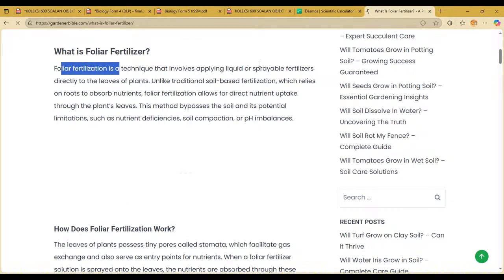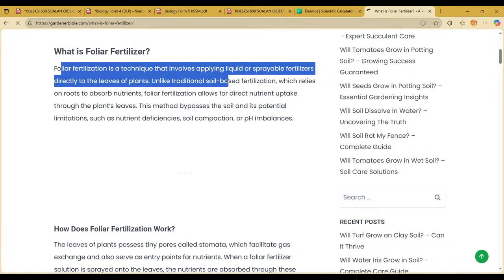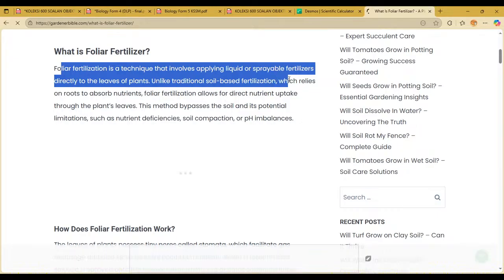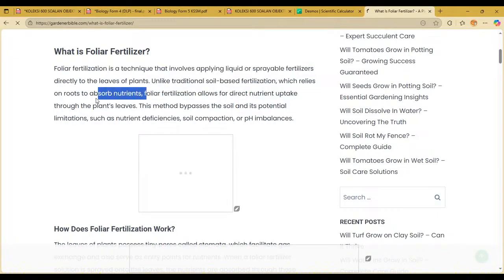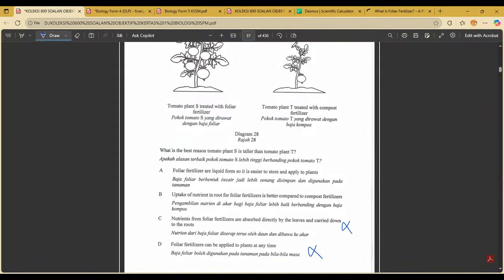Liquid or sprayable fertilizers applied directly to the leaves of plants. Allows for direct nutrient uptake through the plant's leaves. Okay, makes sense. So nutrient does not come from the root.